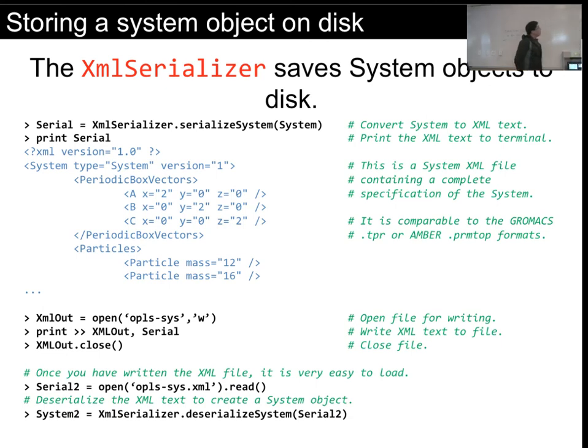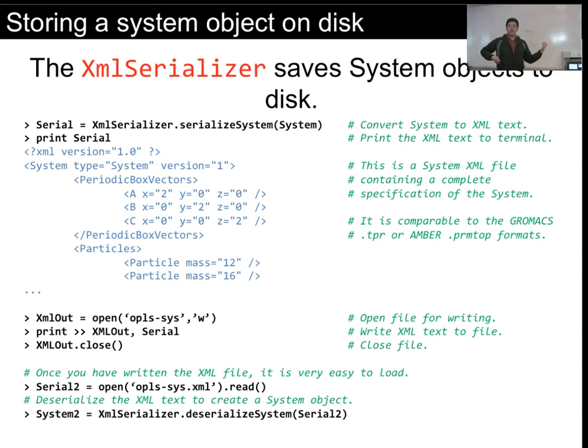Okay, and finally, if you've set up a system that you want to reproduce exactly in another script, or if you have a system that you want to use over and over again, like over a long time, and not have to worry about setting it up every time, you can save the entire system object to disk using something called the serializer.